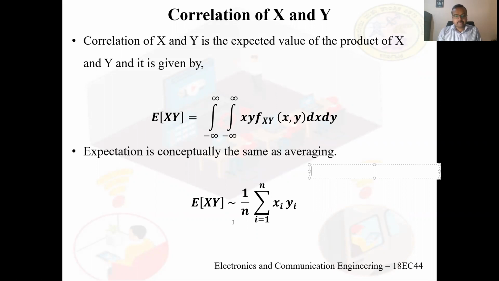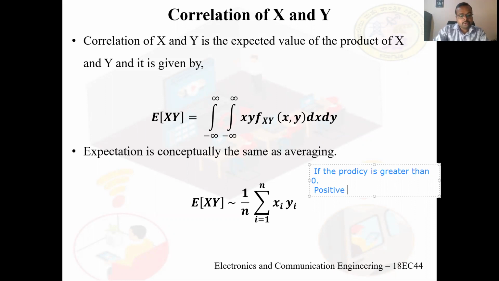If you see this product, what we have, 1 by n summation i is equal to 1 to n xi yi. Here, depending on this product value, right? What is the value what we have it here? If I call this product value here, if this product is greater than 0, we call it as what?